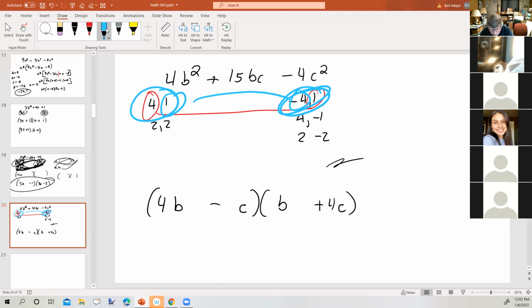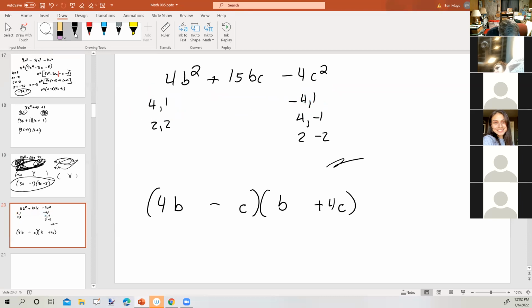And again, it's how quickly you can do the little arithmetic. Because I'm looking at this and going, 4 times negative 4 is negative 16, 1 times 1 is 1, negative 16 plus 1 is negative 15, not going to work. Start over.